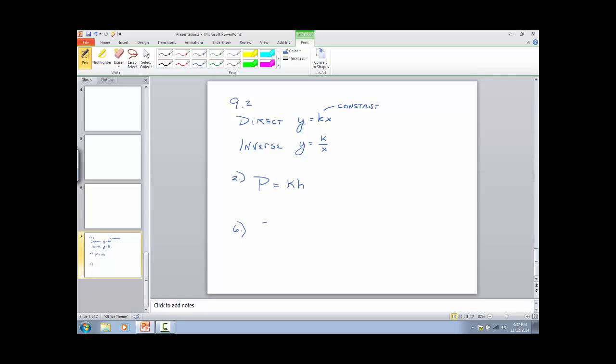So here we are with E equals, and we know it varies inversely, so we want that k on the top. Now, be careful here. The square of the distance d, so we have to take that d and square it. That is the equation for this word problem. Varies inversely. Get the idea?